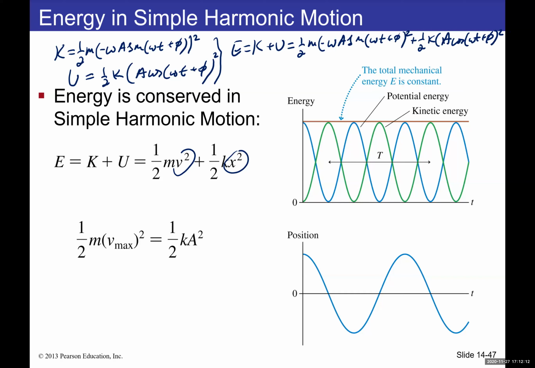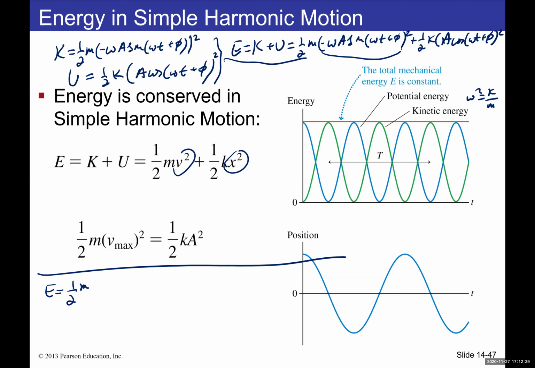Now, one of the things I'm going to do is replace omega with, for example, the square root of k over m. Remember this equation, omega squared equals k over m. Let me write that equation over here. What we end up with is energy equals 1/2 times mass times everything here squared.